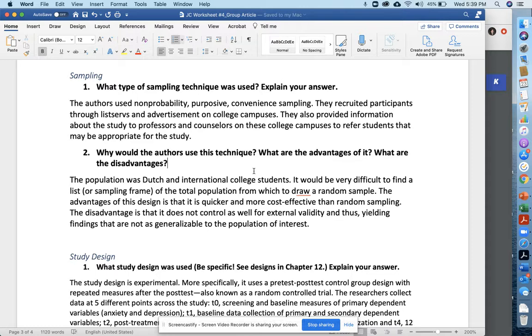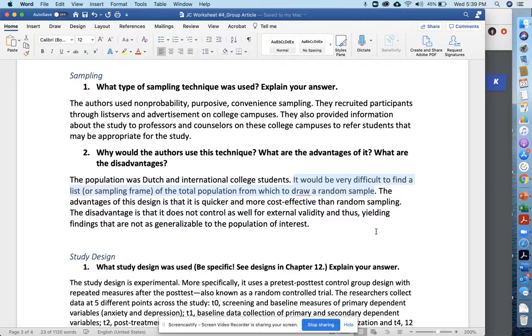So, why would the authors use this technique when we know that random sampling helps us to have the most generalizable sample, the most representative sample? The main reason is that it would be really difficult to find a list of all of the college students in the Netherlands.